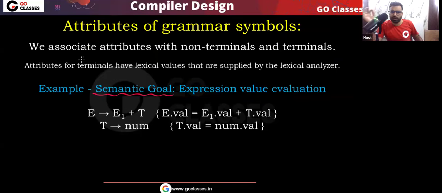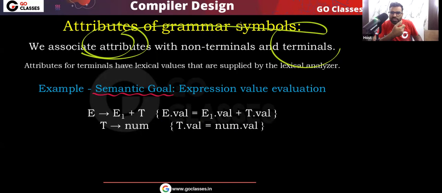Very simple point. We associate attributes with non-terminals and terminals. When we associate attributes with non-terminals, these attribute values will be calculated using the semantic rules. But when we associate attributes with terminals, the values of these attributes will be supplied by the lexical analyzer.